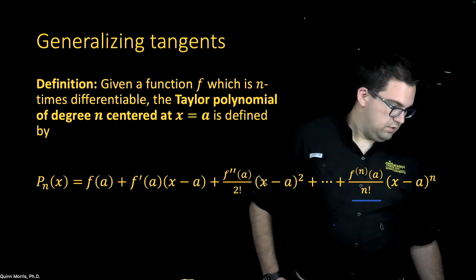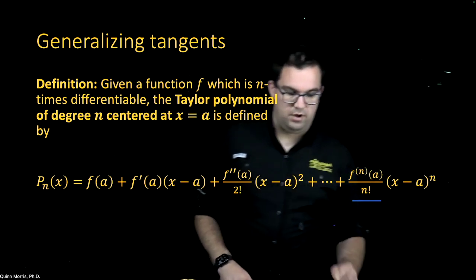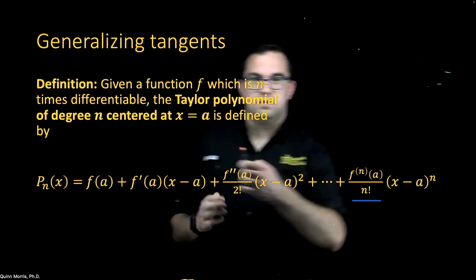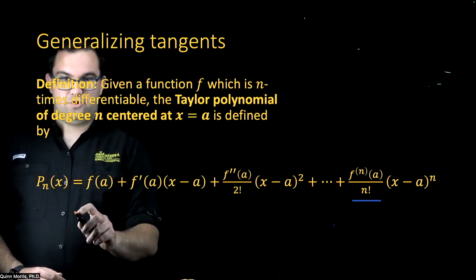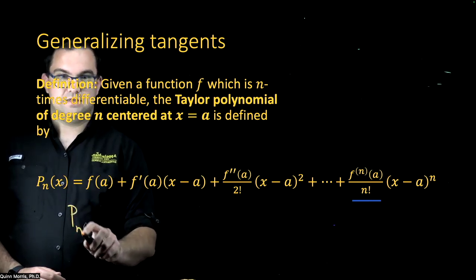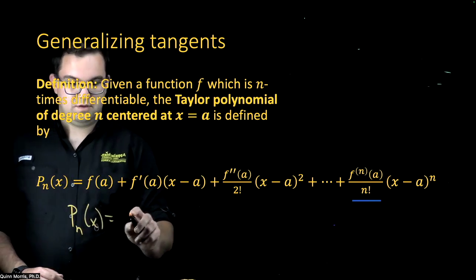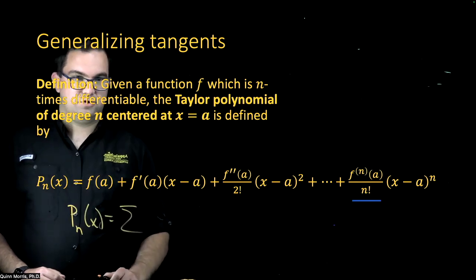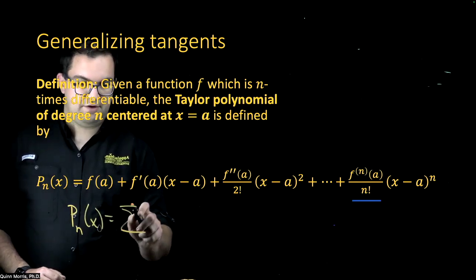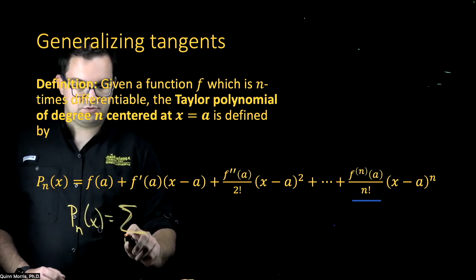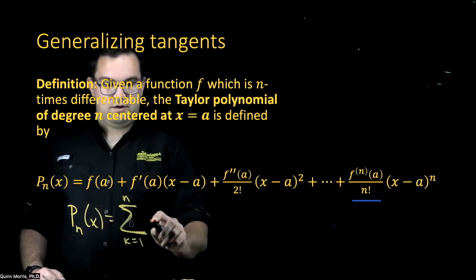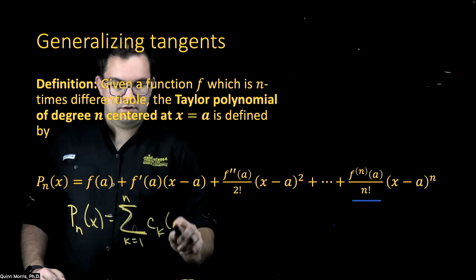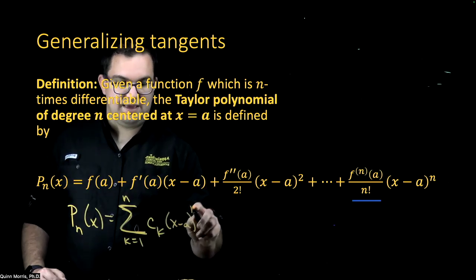Okay. Now, to see where this comes from, you can imagine that we could write our polynomial p sub n of x using series notation, but it's going to be a finite sum. So for the degree n polynomial, this would be the sum from k equal to 0 up to n of c sub k times x minus a to the k.